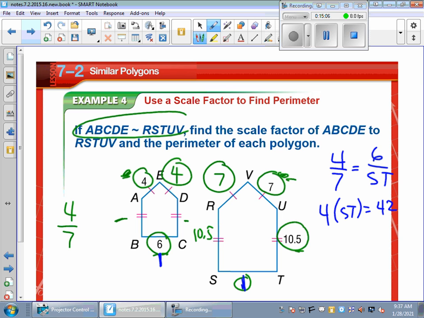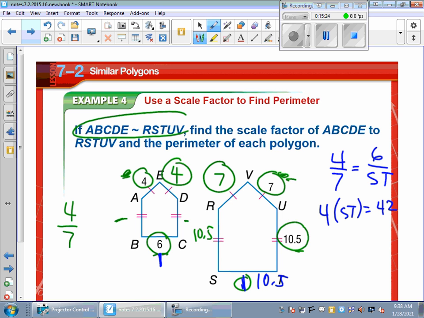So what do we do there? We take that 42 and divide that by 4. And that gives us that ST is 10.5.